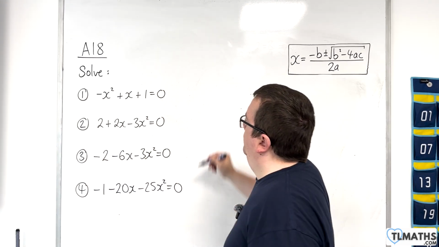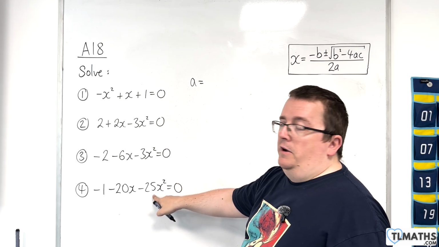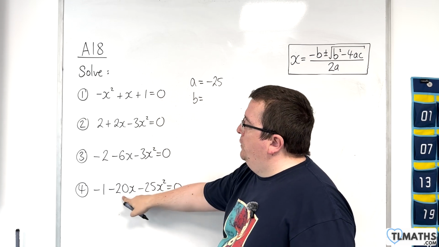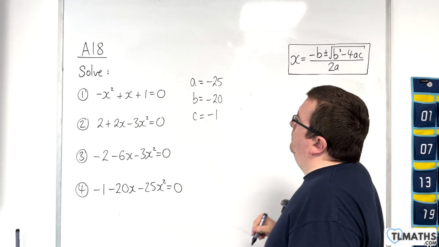Right, last one. a is the coefficient of x squared, so minus 25. b is the coefficient of x, minus 20. c is the constant term, minus 1.